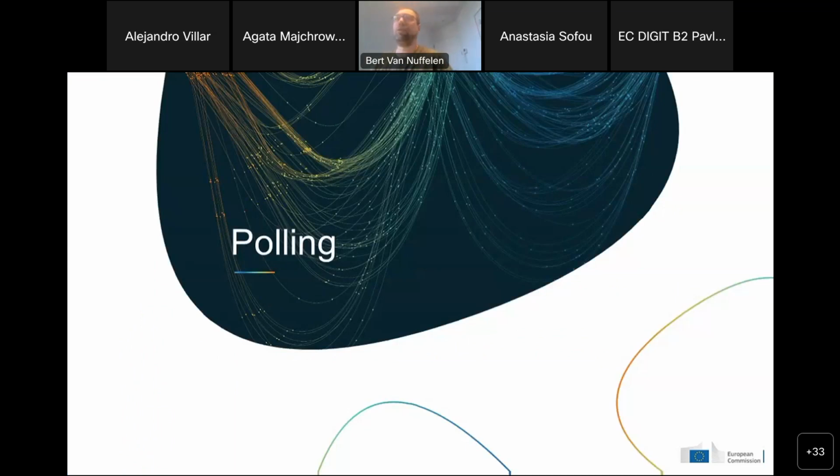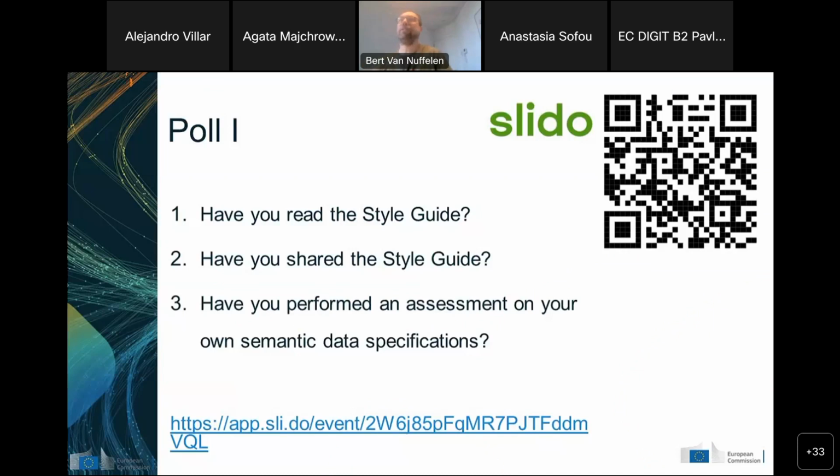So we would like to do a little bit of interaction, just to know what kind of audience is before us around the table, so that we have an idea of how to explain things and how we can go deeper into it for the rest of the webinar. So we have a Slido prepared. The colleagues will put the link in the chat as well, or you can use the QR code. And it is just for our opinion.